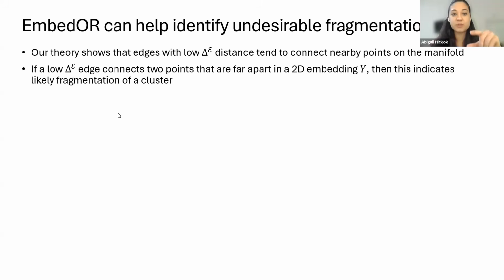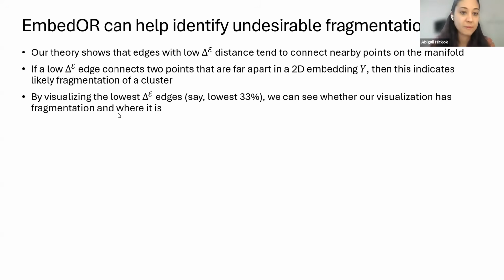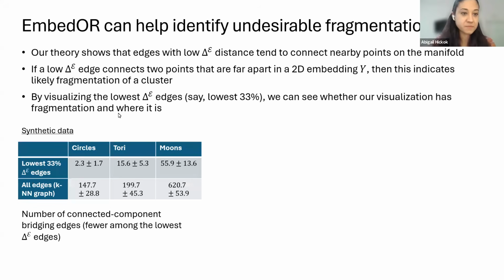So if you have two points that are far apart in the embedding that are connected by an edge that actually has low embedder metric distance, then this indicates that likely there was fragmentation of a cluster. So if you visualize all the edges that have low embedder metric distance, and you see, hey, there's this really long edge in the embedding that has low embedder metric distance, it's probably the result of fragmentation.